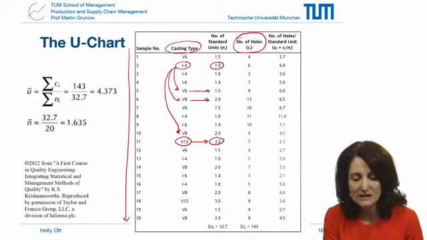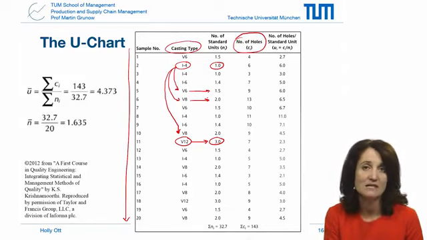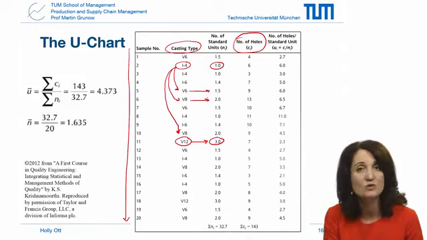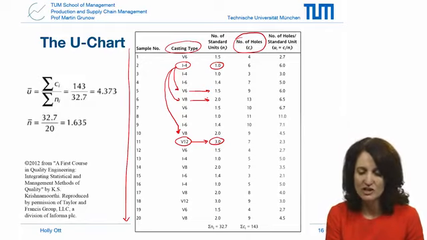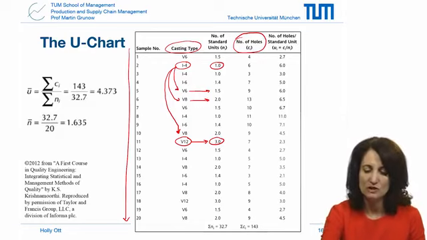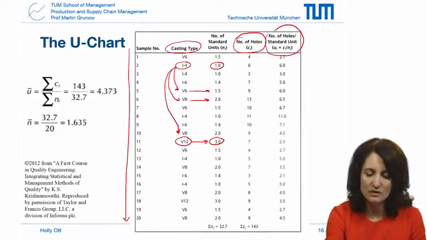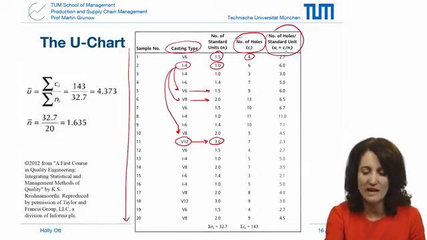So because these casting sizes vary, we need to use a U chart. Now, here we have the calculation of the statistic U, shown in this column, where U is going to be equal to the number of holes counted divided by, normalized by, this N value.